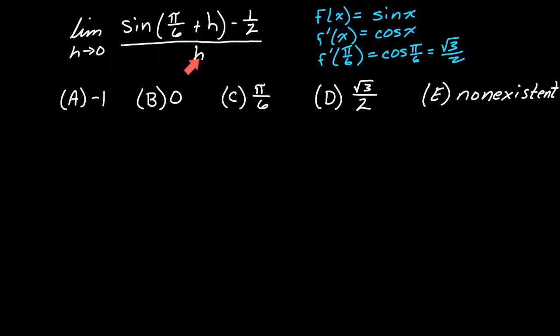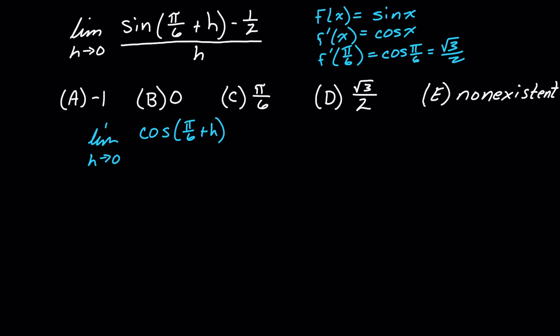Plugging 0 into your denominator, we're going to end up with 0 over 0, which means L'Hopital's rule is going to apply. And therefore, the limit as h approaches 0 would equal the derivative of the numerator, which is cosine of pi over 6 plus h.